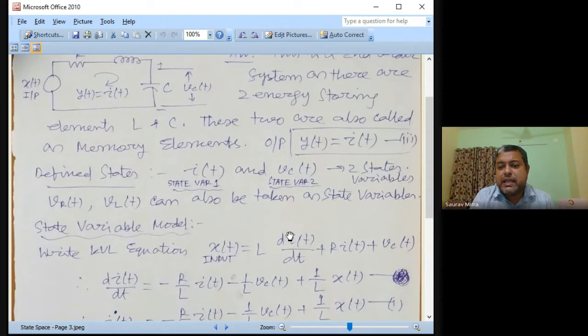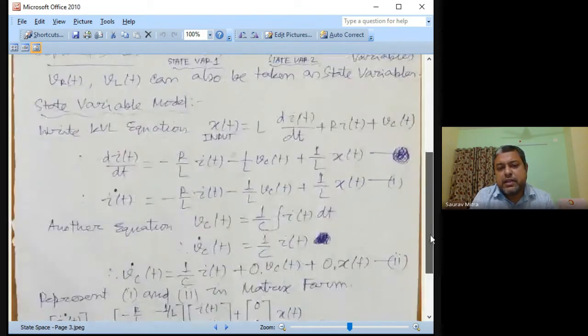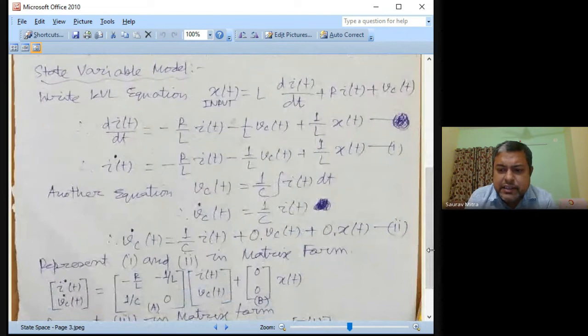It is L di(t)/dt. So the KVL equation is x(t) = L di(t)/dt + R i(t) + Vc(t). Whatever input voltage we give gets divided into three parts. This is a simple voltage divider rule: first is inductive voltage L di(t)/dt, second is resistive voltage R i(t), and third is capacitive voltage Vc(t).